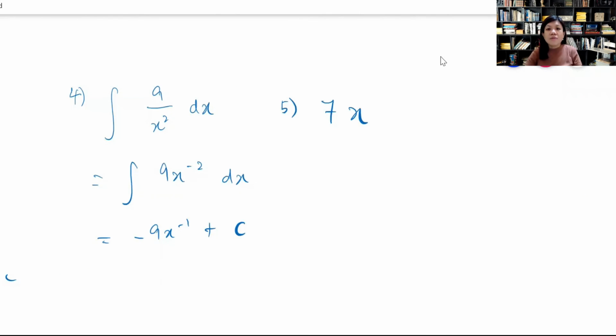And you can also have integration of a square root. So again, the square root power is half, right? So always change any square root or nth root to a power so that it's easier to deal with, okay?